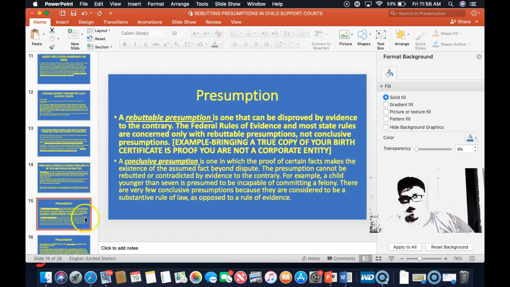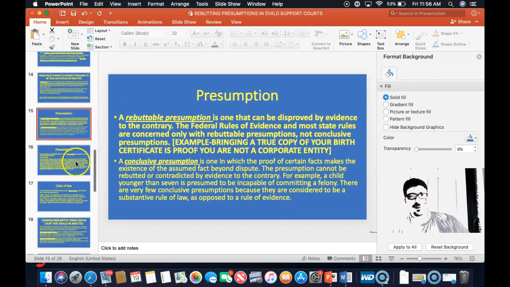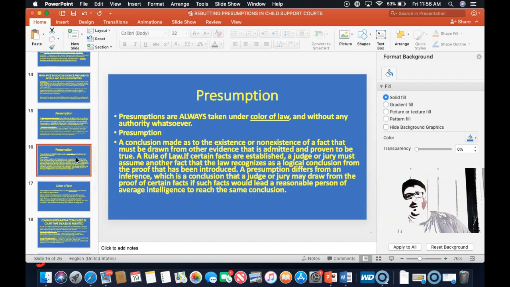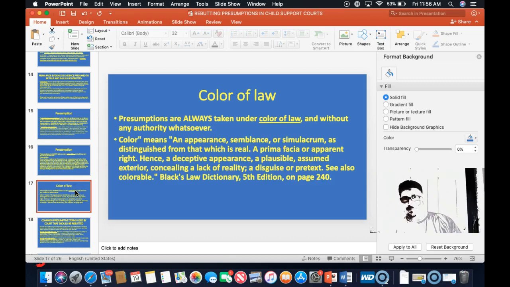A rebuttable presumption, you can look at this. Presumption is always taken on the color of law. Color of law is the appearance, semblance of law, but it's not a law.